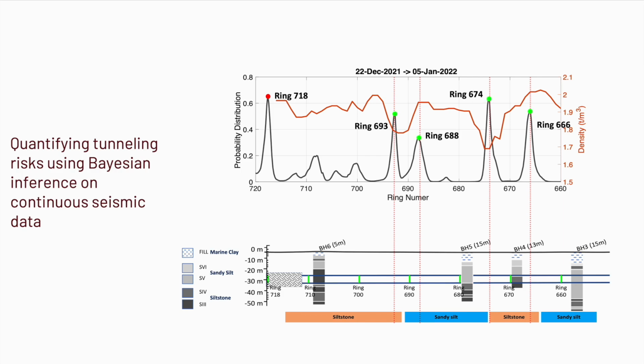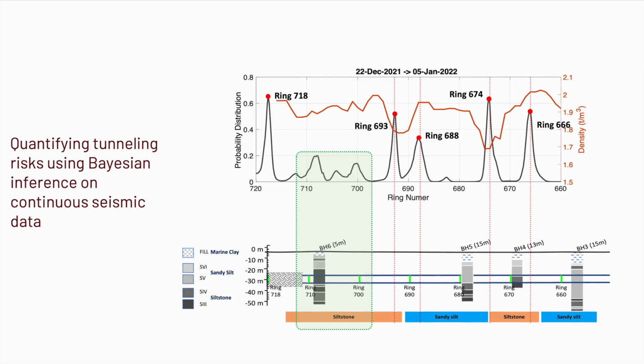The peak at ring 718 corresponds to the tunnel's termination point, where there is a strong impedance interface between rock and air. Beyond ring 700, the tunnel nears the underground subway station. Ground improvements in this area might increase the heterogeneity of the nearby geology, potentially leading to high seismic uncertainty.